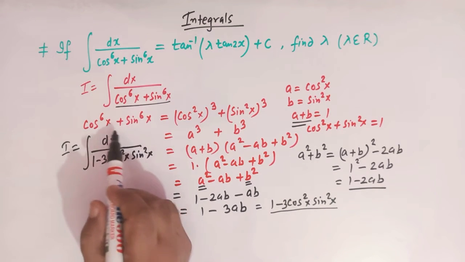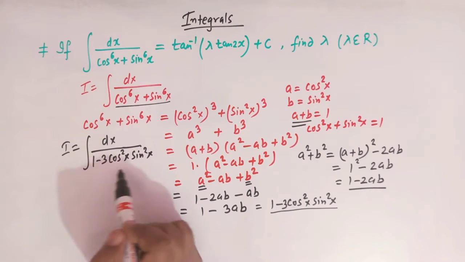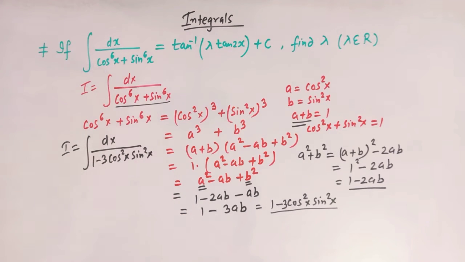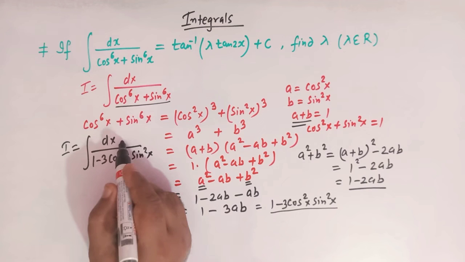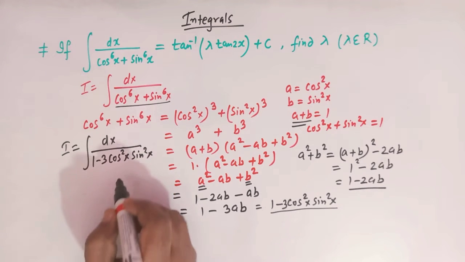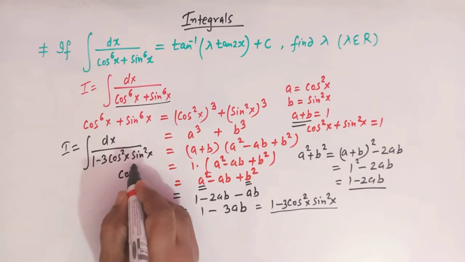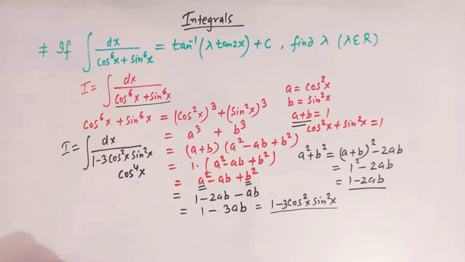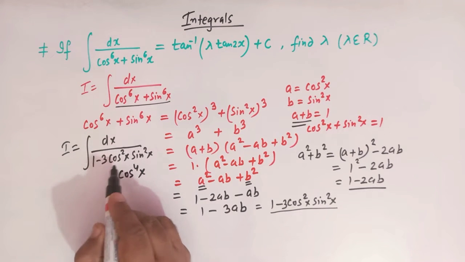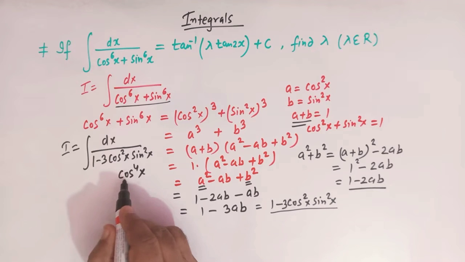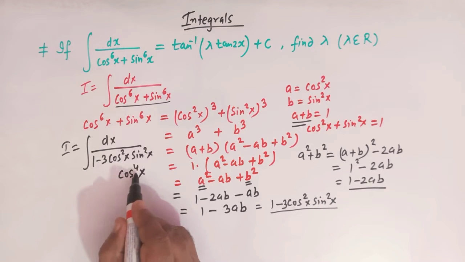Now in order to compute this integral, we'll divide the numerator and denominator by cos raised to 4x, that is, by the power of cos x, which is 4.